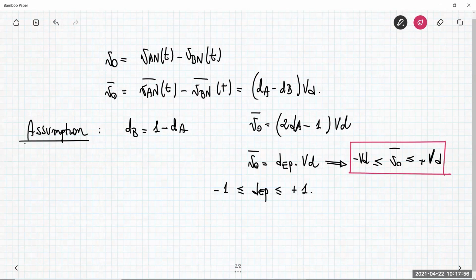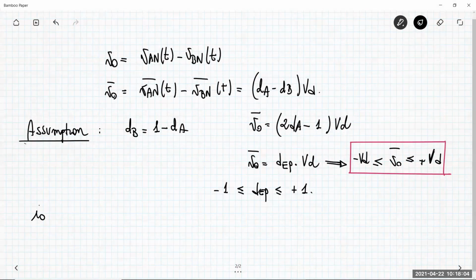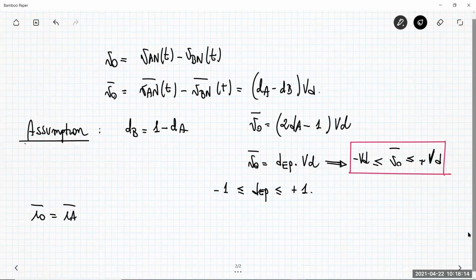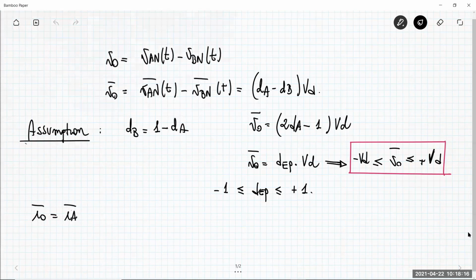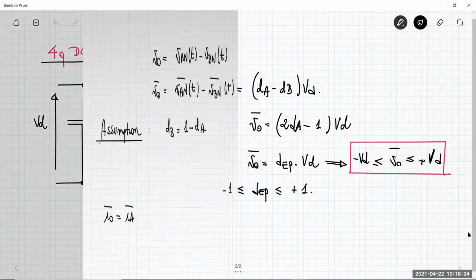What about the current? The I0 average current is, as I said before, the same as the current IA exiting from the leg A of our circuit. And IA is exactly negative IB, by definition.